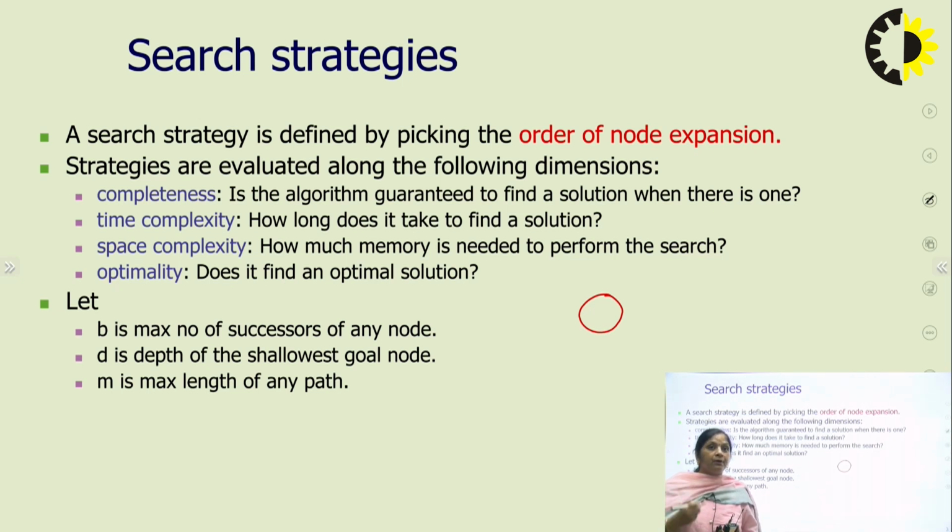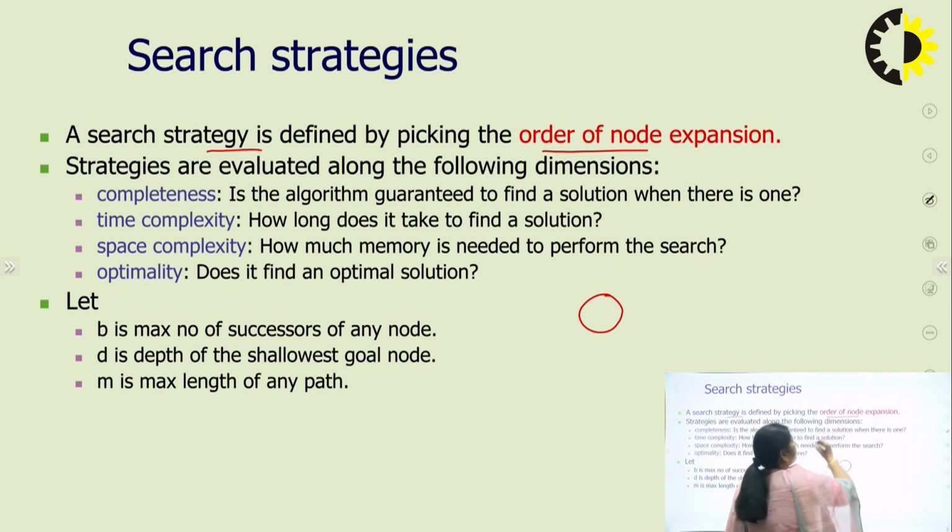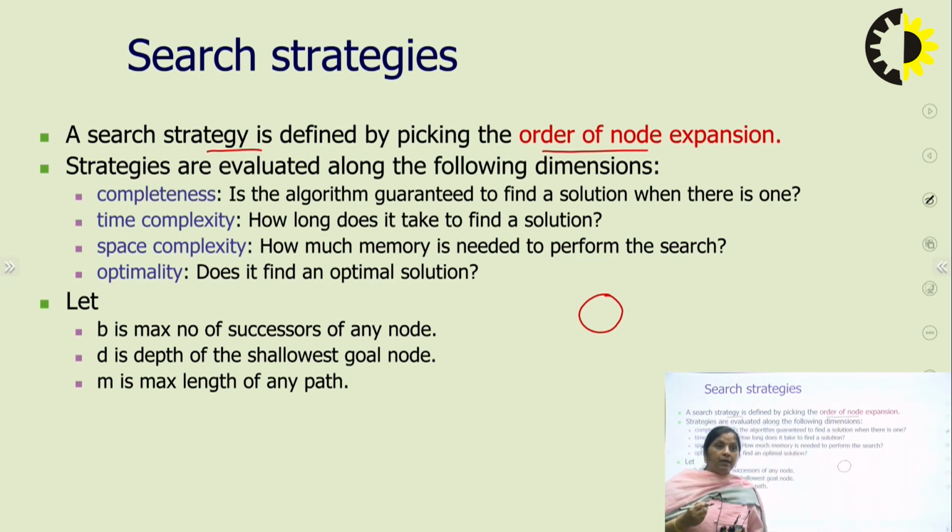Now when we talk about those multiple next states, a search strategy is one that gives us the order of node expansion. We pick the next node to explore to search for the solution. So a search strategy is the selection of that particular next node, in what order the nodes will be expanded.